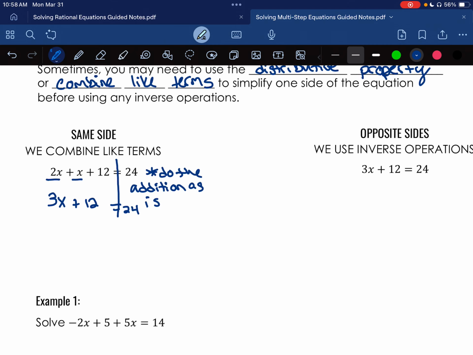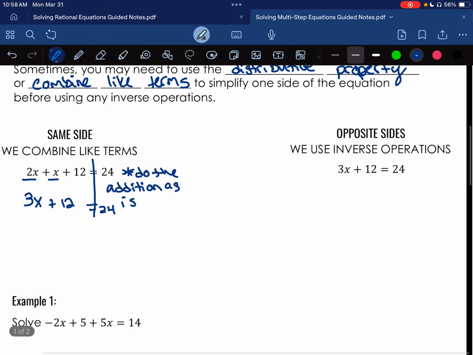Now, if I wanted to look at how we would use an inverse operation, notice here that there's nothing to clean up. If I wanted to solve for x here, this is a two-step equation, I would have to use an inverse operation. So if I wanted to get rid of this plus 12, I would subtract 12 from both sides, because that plus 12 and the minus 12 would cancel.